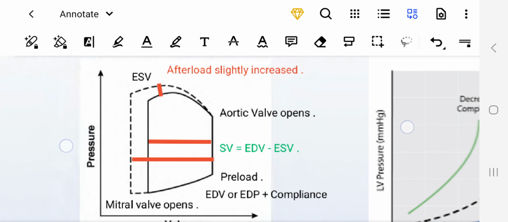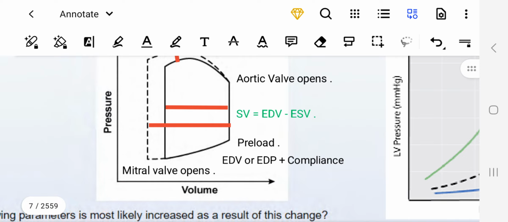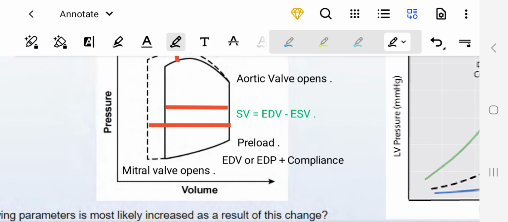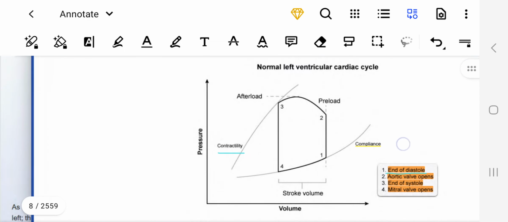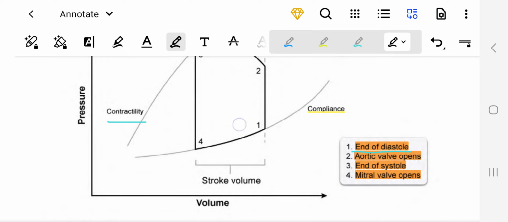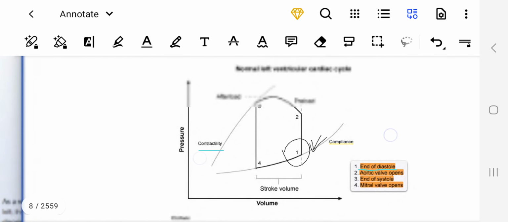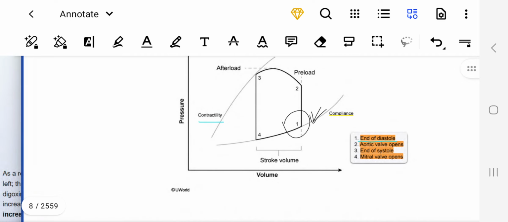Okay, so if you look at this graph, let me explain this on this chart so that it could be easy for you. This one, number 1 point, this is representing end of diastole, right? End of diastole, or we can say end diastolic volume, right?